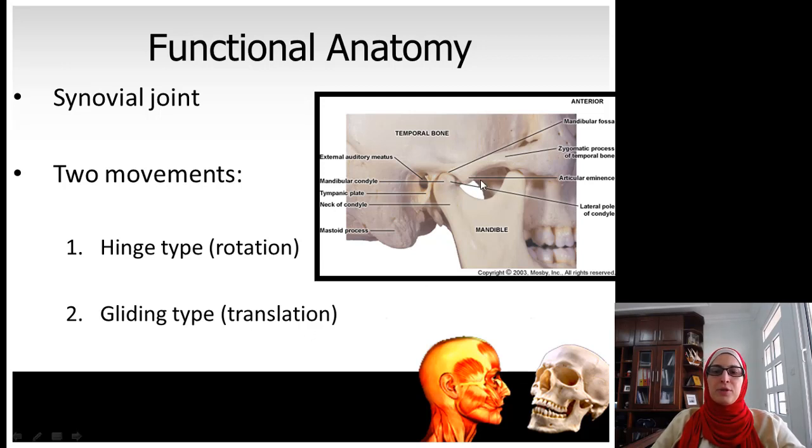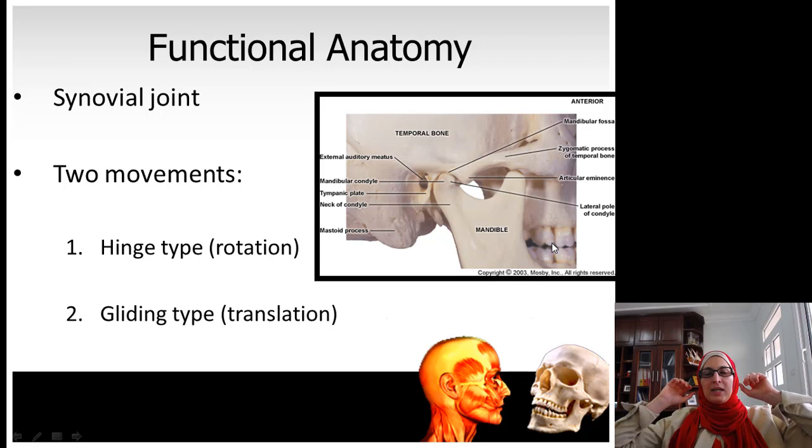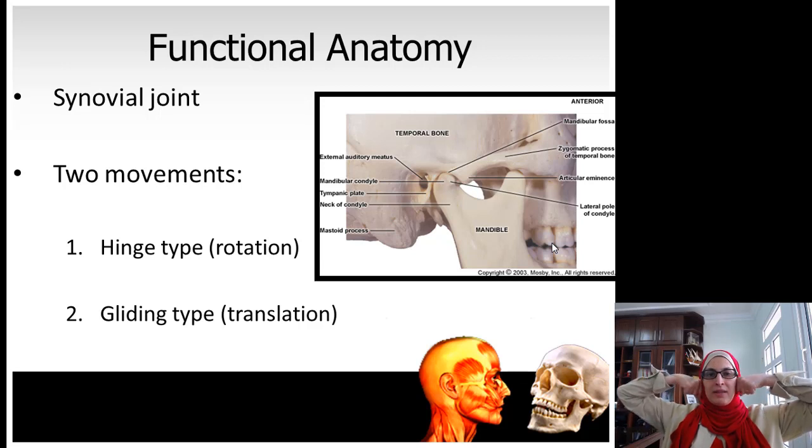The TM joint is peculiar in that it is the only joint that has an endpoint of movement. So you can open your jaw with the rotation and then gliding movement, and there are ligaments that restrict your mouth opening.